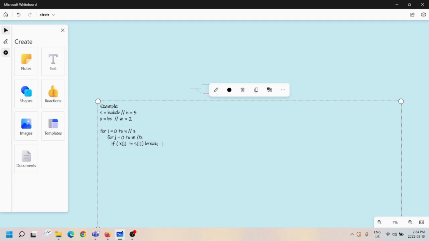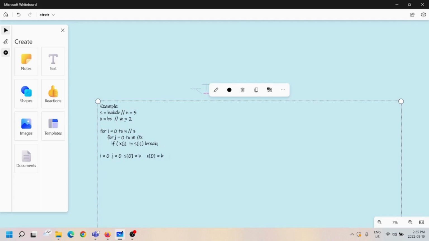So having said that, we can now understand with the individual values of i and j, and we can see if we have to do any enhancement in the code which we have written. So i is equal to 0 and j is equal to 0. Now when i is 0 and j is 0, s of 0 is b, and x of 0 is also b.